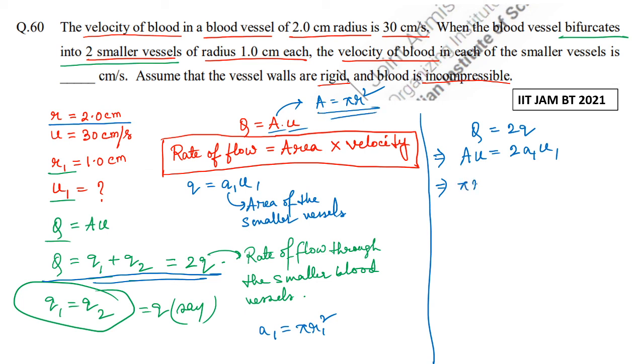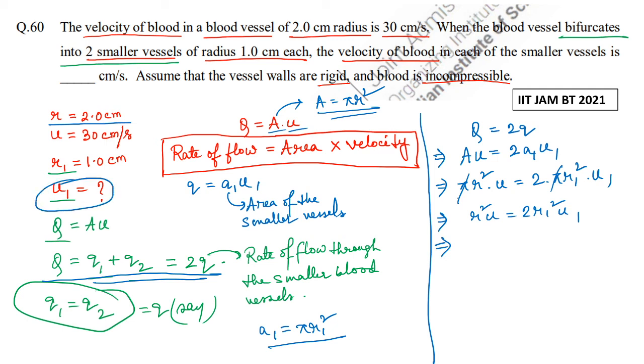So pi R square times u equal to 2 times pi R1 square times u1. Now from both sides pi cancels out and we get R square u equal to 2 R1 square u1, and we need u1, right? So we can take u1 equal R square u by 2 R1 square.